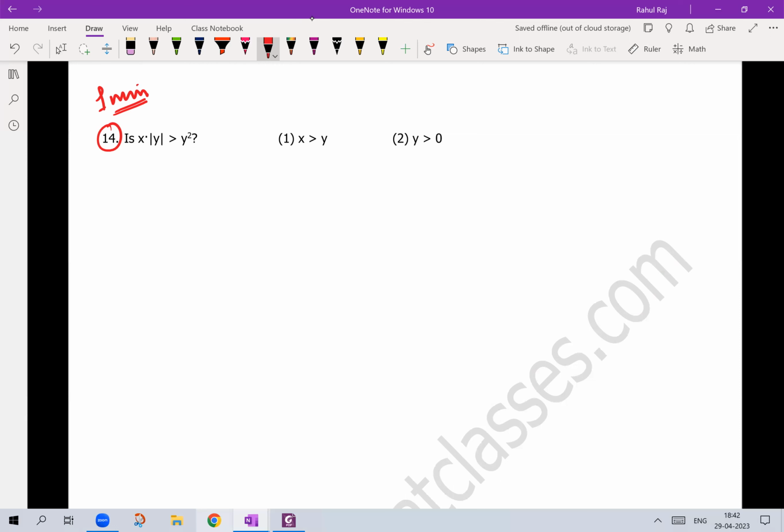A, but A doesn't define that X is positive or negative. Take a negative value and you'll realize. Is it C, Rahul? C. Well, it's pretty simple.